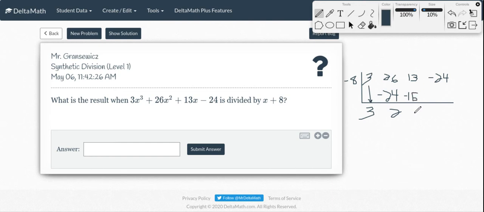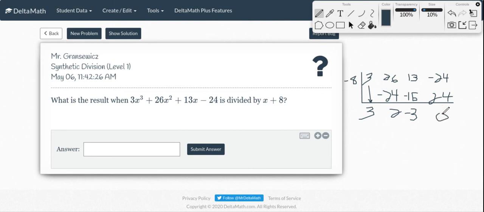And then you add straight down again, so you're going to get -3. Okay, and then one more, multiply. So -8 times -3 is +24. Okay, and one more to add straight down here, -24 plus 24 is 0.